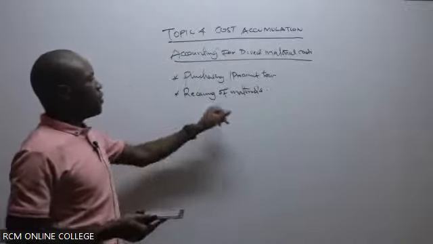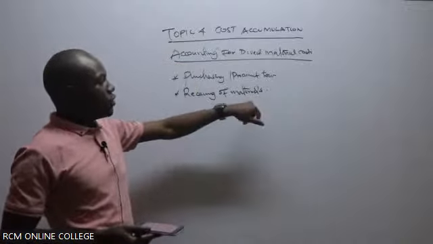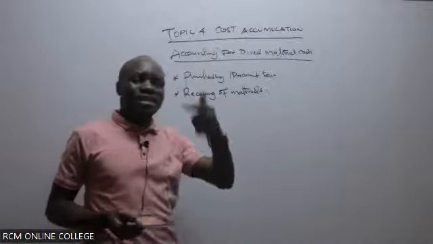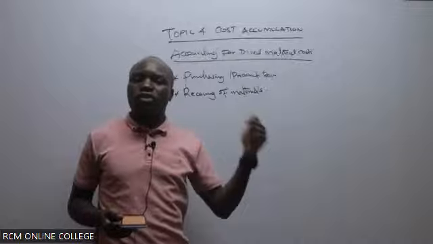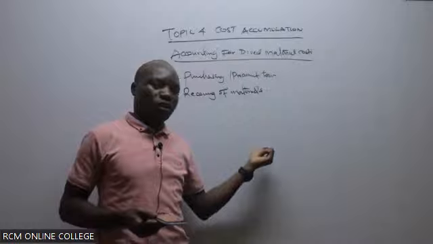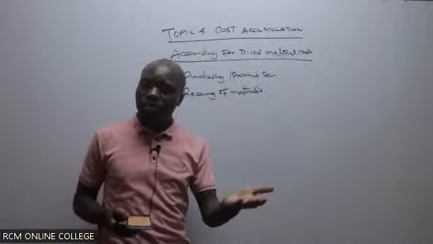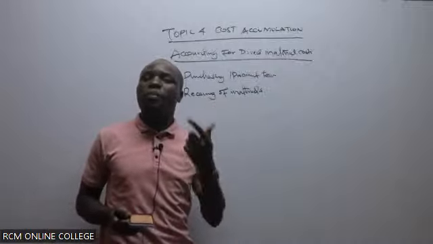So the receiving of materials, again, those who are going to receive these materials or are maintaining the stores, there are high chances that they are not going to take care of these raw materials. Remember, within the raw materials, we have those that are bulky, and we have those that are perishable.